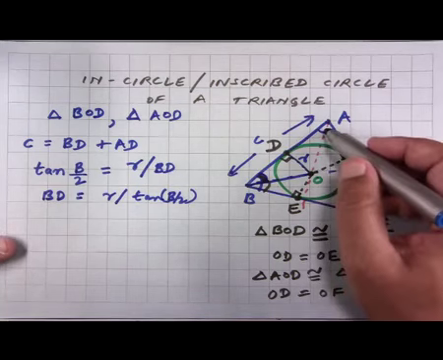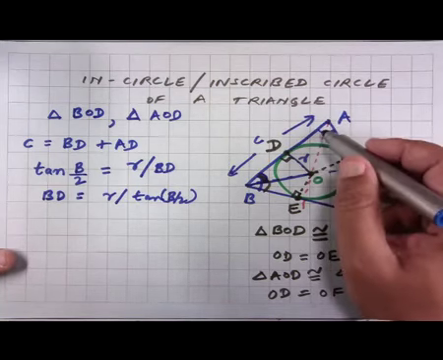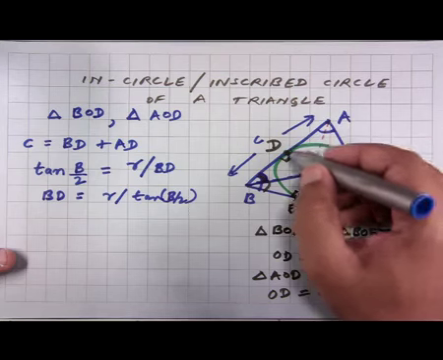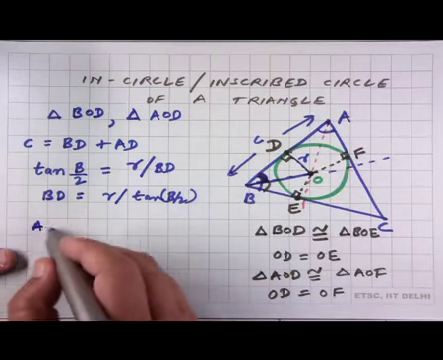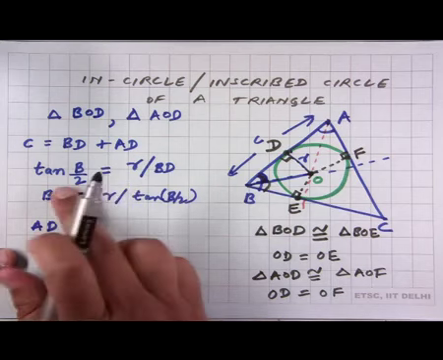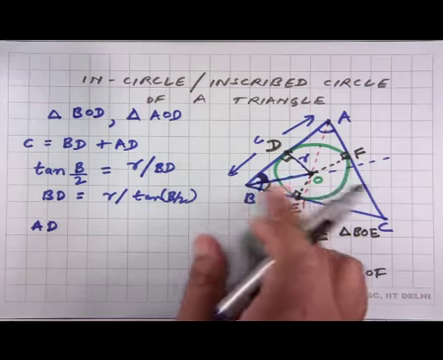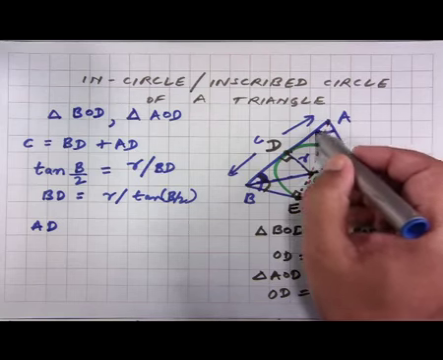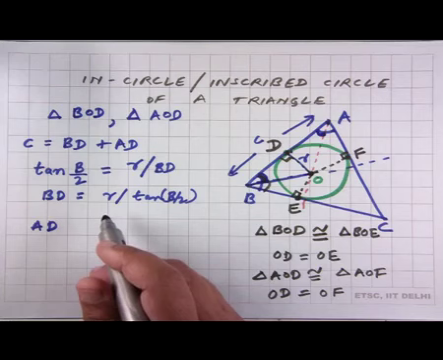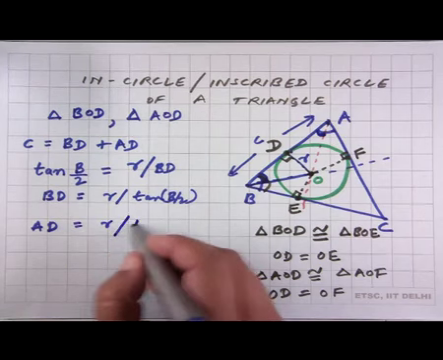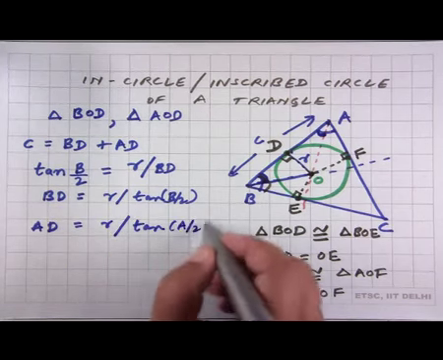Similarly, let us consider the other triangle AOD, and there we see that this length AD, so just as we wrote the tan formula for the triangle BOD, in this triangle we see that tan of A by 2, because this half angle is A by 2, is equal to r divided by AD, and therefore, AD is equal to r divided by tan of A by 2.